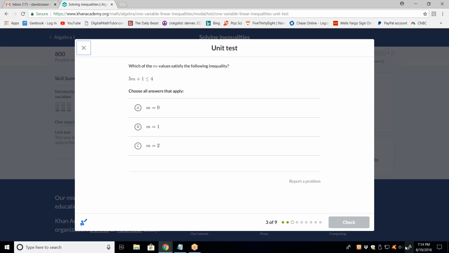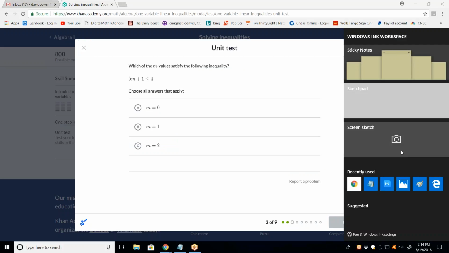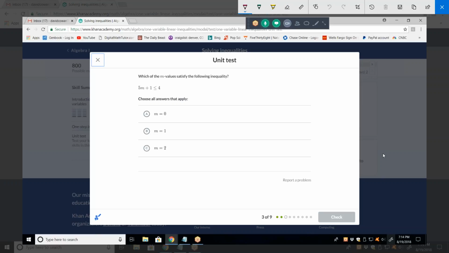Well, let's solve it just like we've solved every other one. Okay. So, next line. 5m is less than or equal to 3. And then, so m is less than or equal to 3/5.